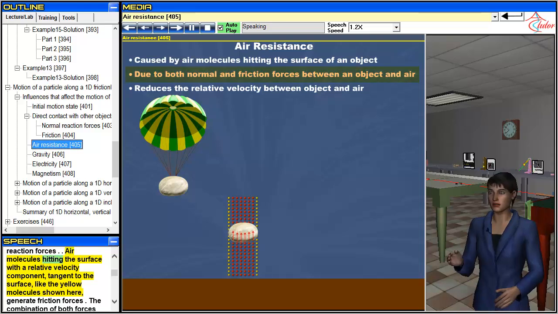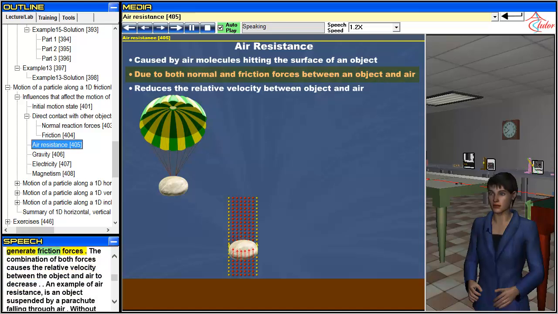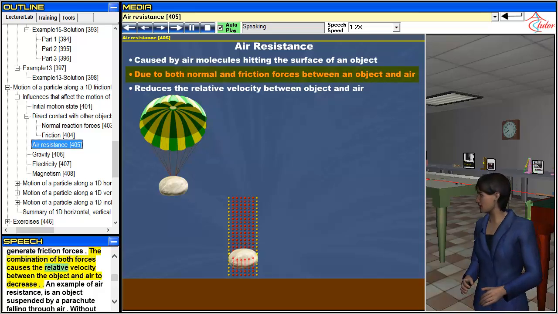Air molecules hitting the surface with a relative velocity component tangent to the surface, like the yellow molecules shown here, generate friction forces. The combination of both forces causes the relative velocity between the object and air to decrease.